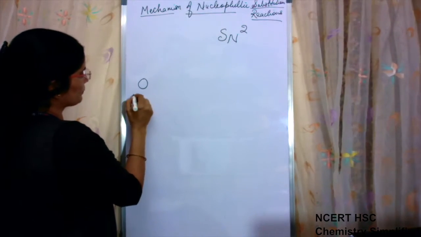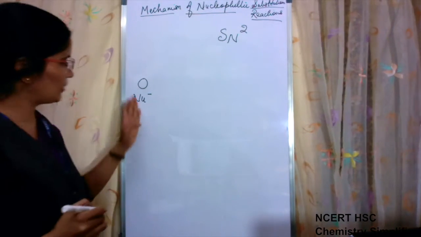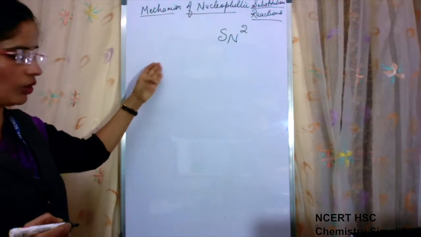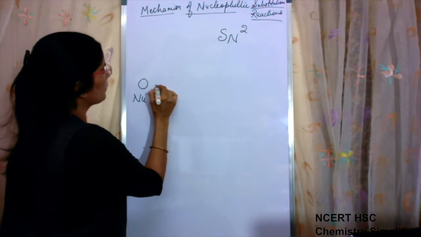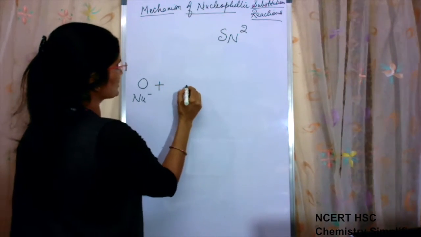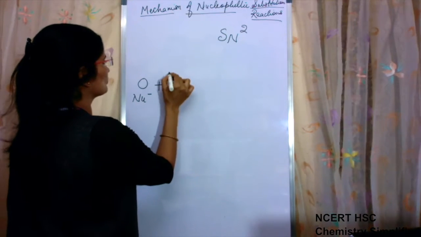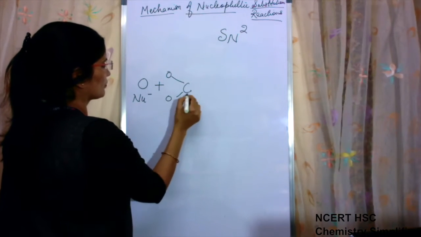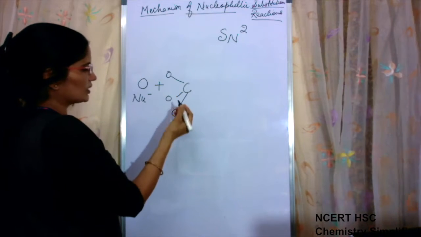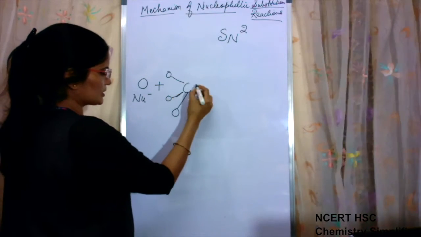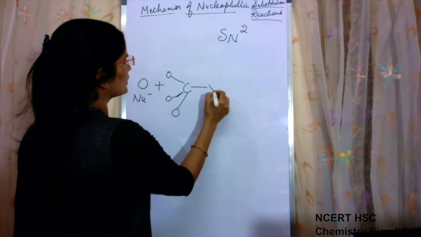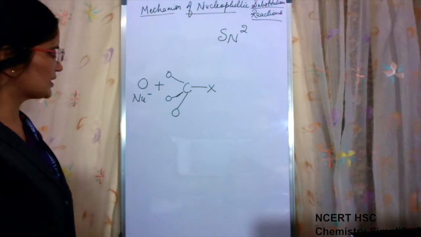This is a nucleophile, maybe having a lone pair of electrons or having a negative charge. When such a nucleophile attacks, these circles are actually hydrogen atoms and a halogen atom is attached.